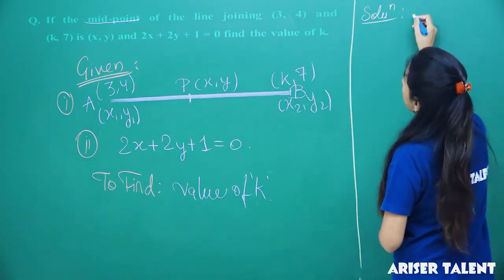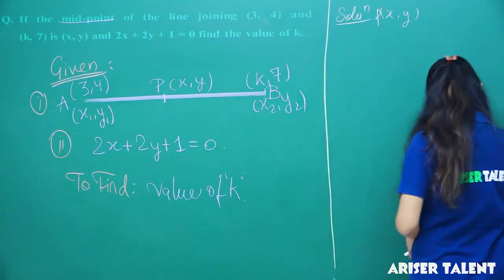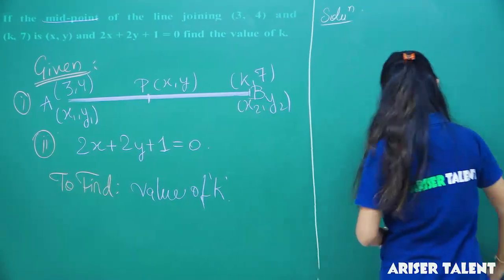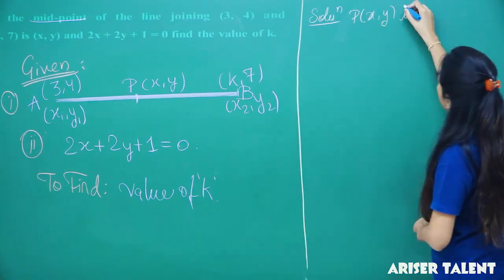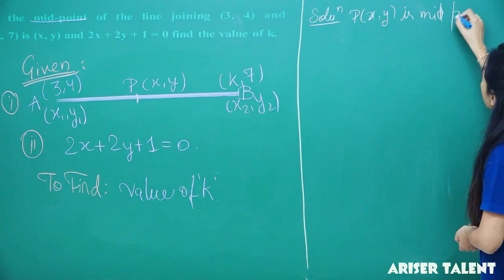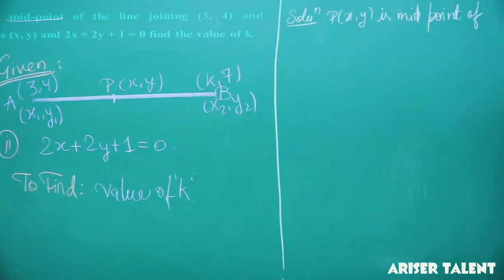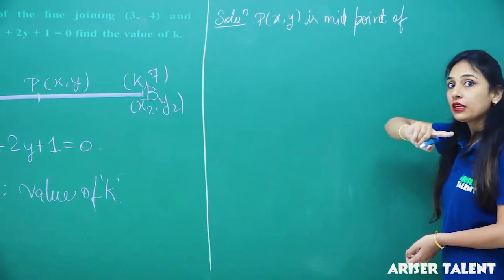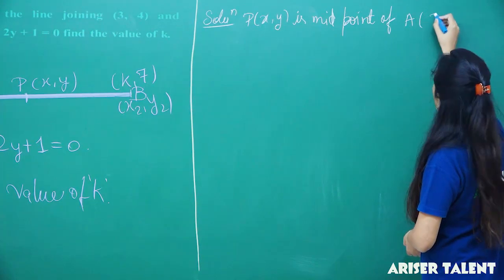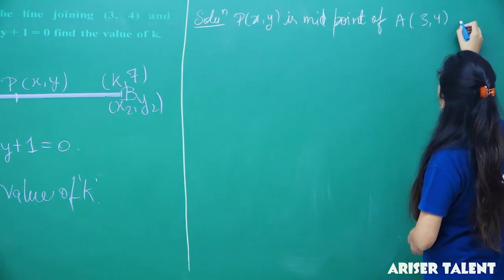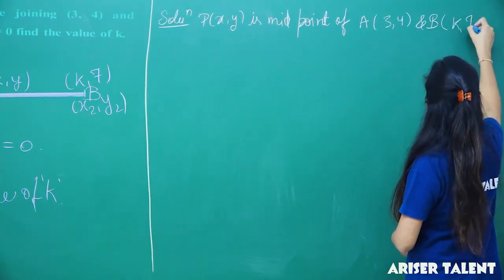Students, P(x, y) is the midpoint of A, which is (3, 4), and B, which is (k, 7).